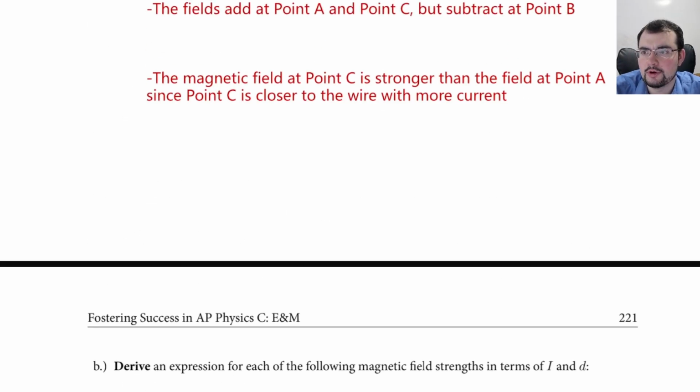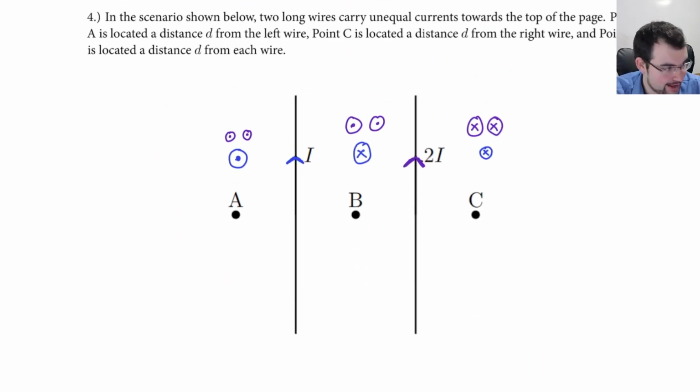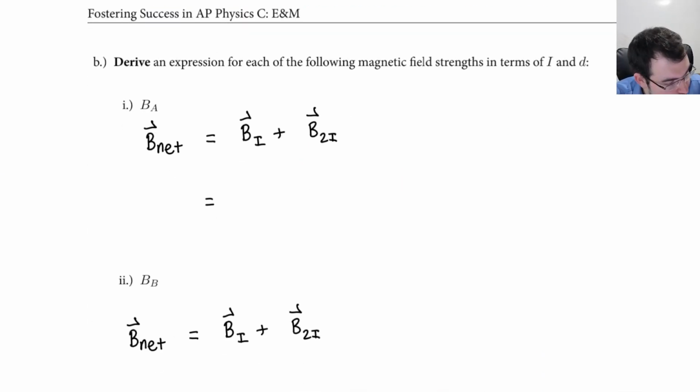So for A, point A is D away from the left wire, and it is 1, 2, 3 D's away from the 2I wire. So we can write mu naught I over 2 pi D from the I wire, and that field was going to be directed out of the page.